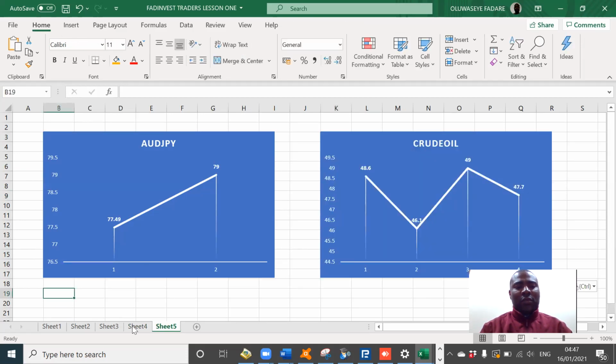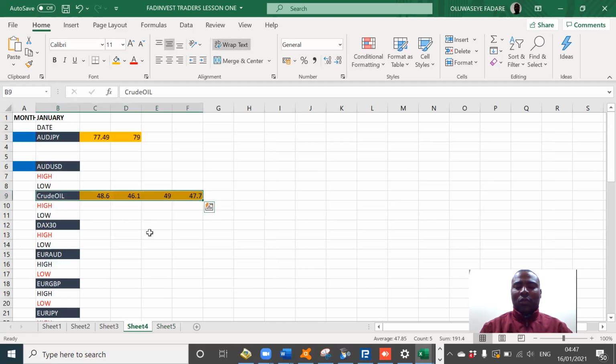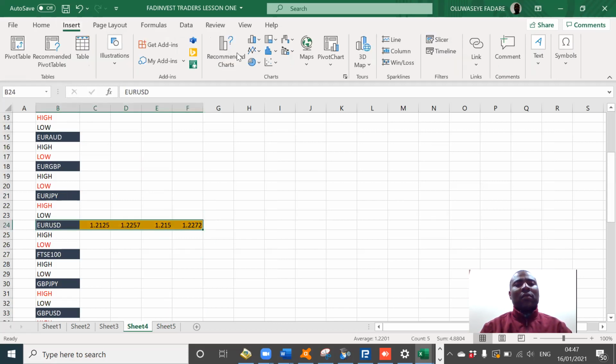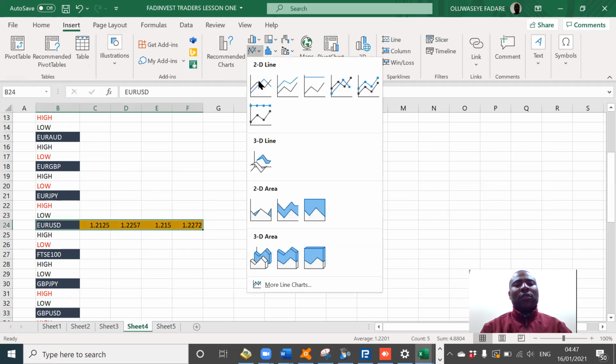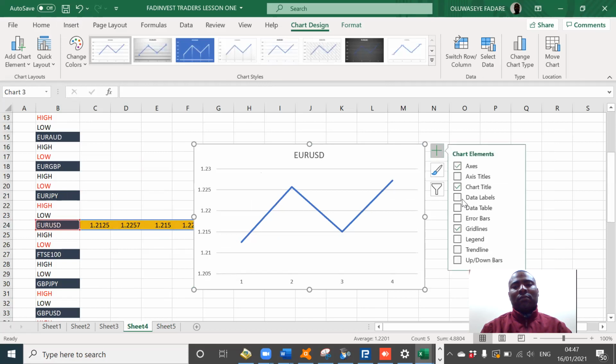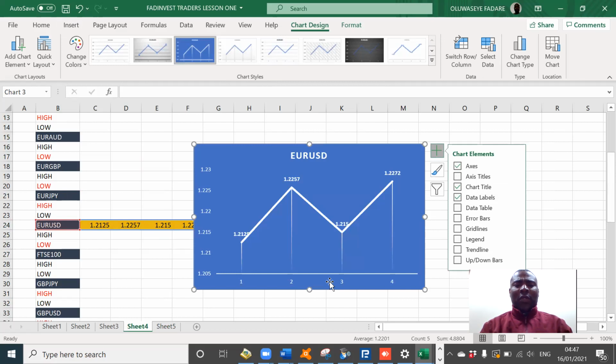And finally, let me do the last one as well, which is Euro USD. Same thing again. I highlight them, insert, and draw the graph. So same thing with Euro USD.